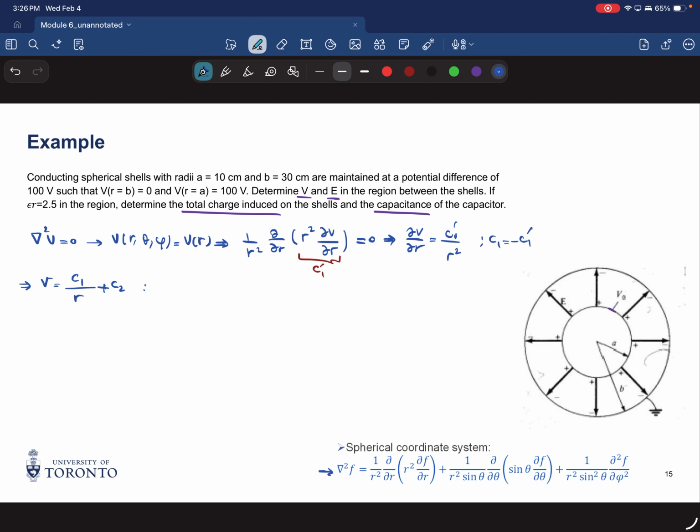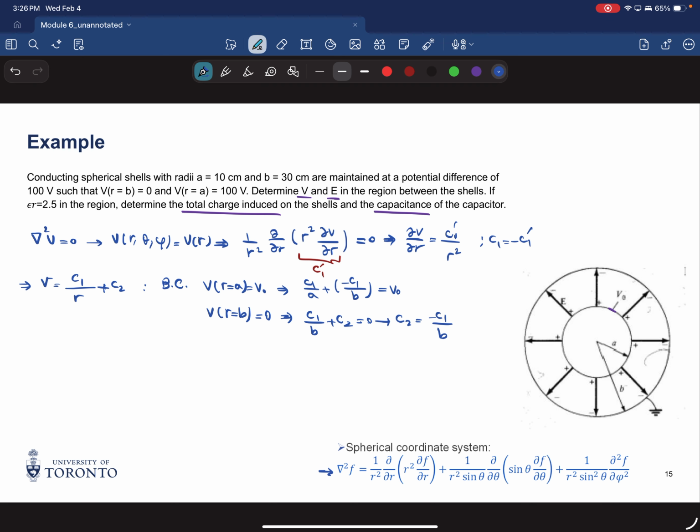Now, I use the boundary conditions. I know that V at R equal to A is V naught, and V at R equal to B is 0. Let's just start with 0, so that would be easier. That would mean C2 is minus C1 over B. And then C1 over A plus C2, which is minus C1 over B, is going to be V naught.